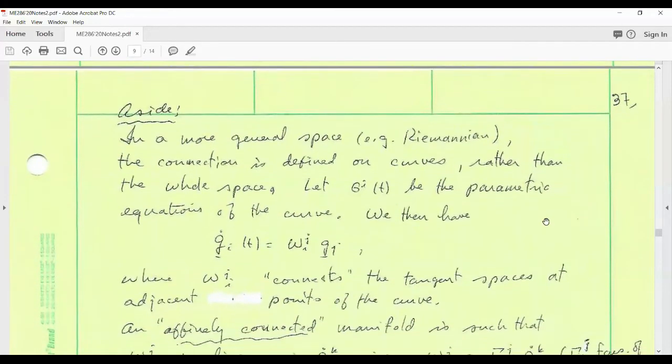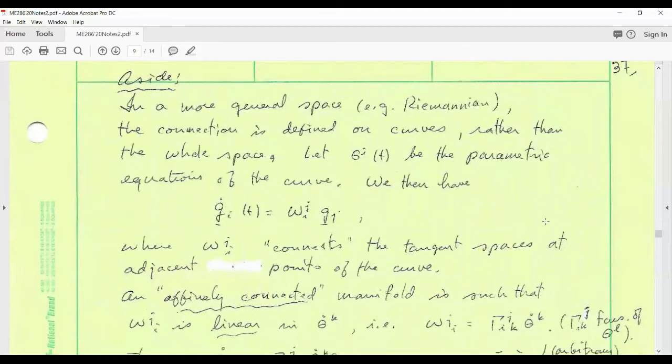While we're on that subject of more general spaces, more general than Euclidean space, an example being a Riemannian space, I should mention that the notion of connection is really, at a basic level, only defined on curves in the space rather than in the entire space. So, for example, if we parameterize a curve by giving the coordinates of the manifold in terms of a single parameter, we have parametric equations of the curve, then the notion of connection is really given by this equation.